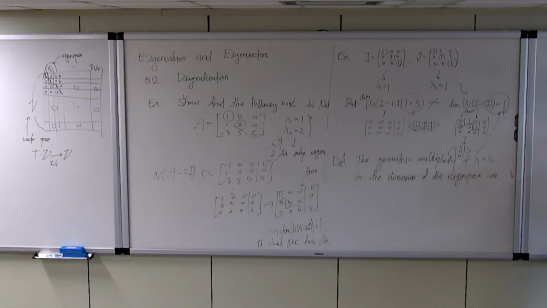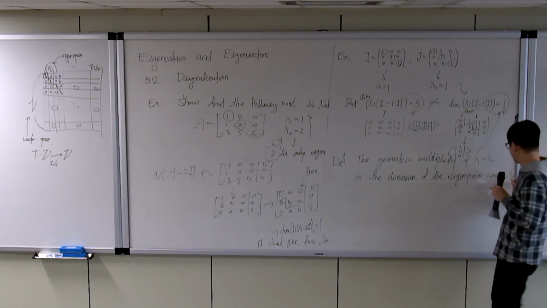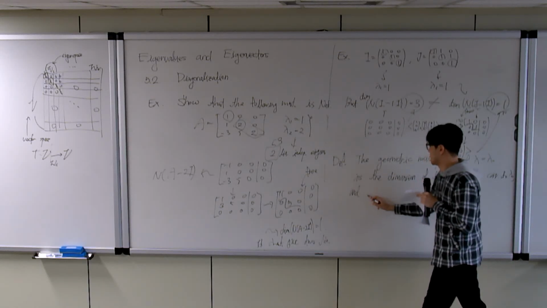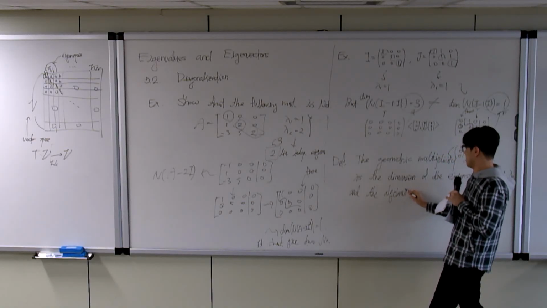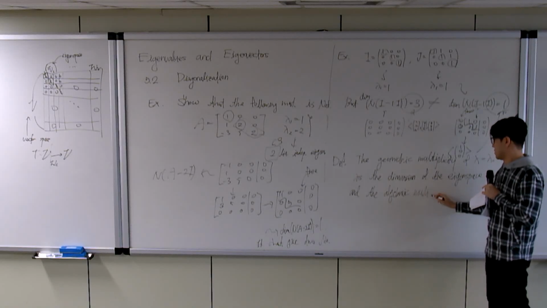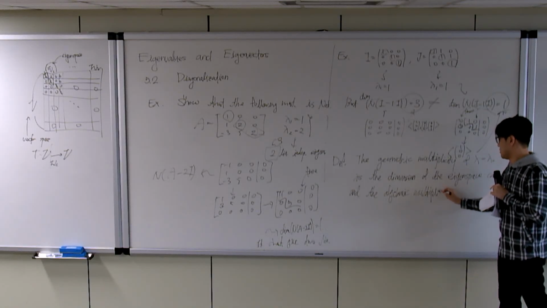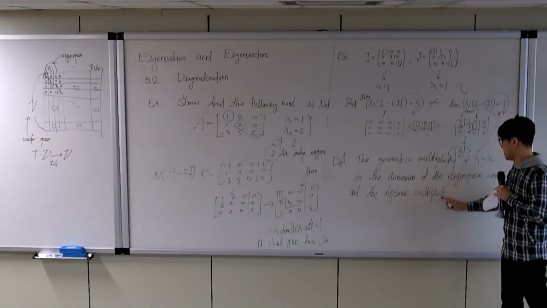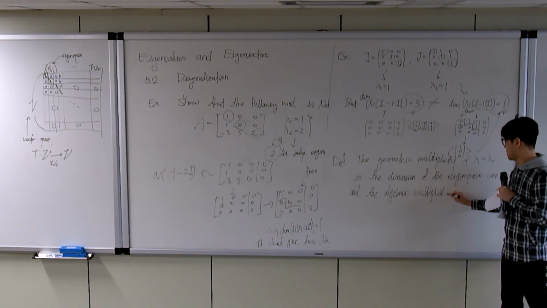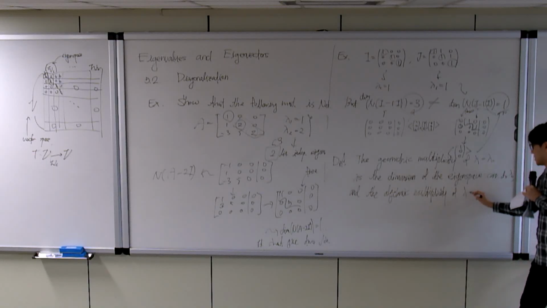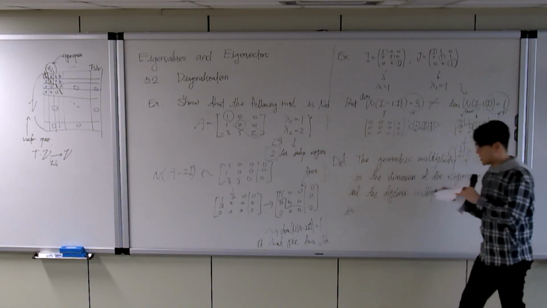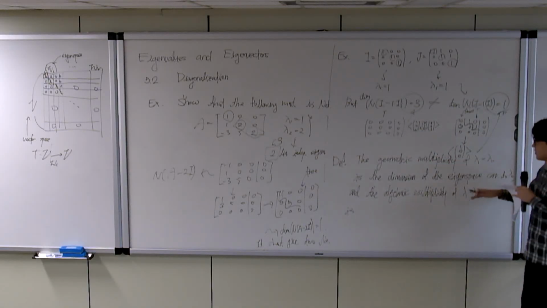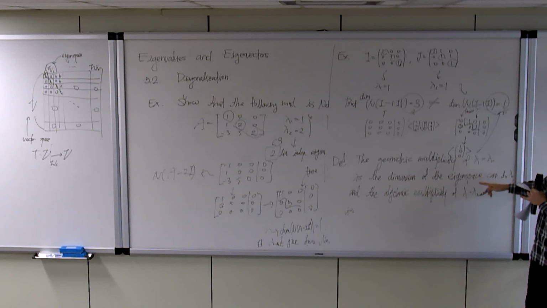So it means the algebraic multiplicity of lambda equal 2 is 2. And we already saw that the nullity of A minus 2I has dimension 1.